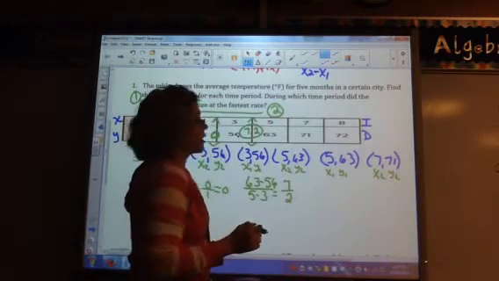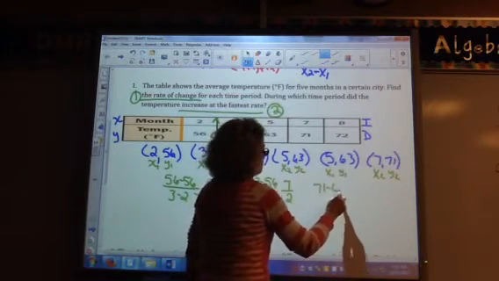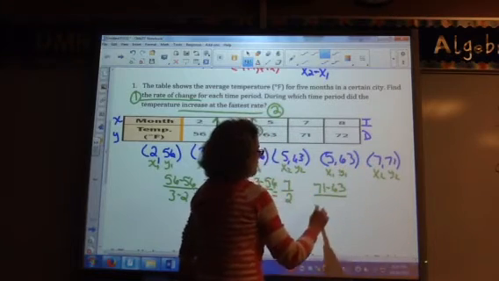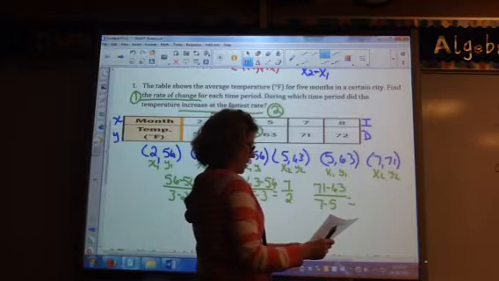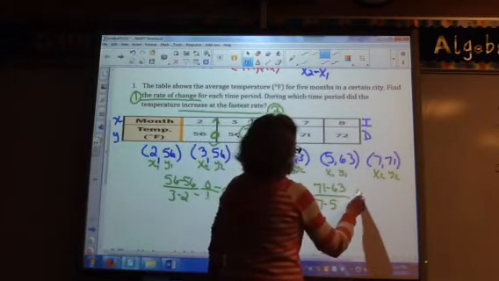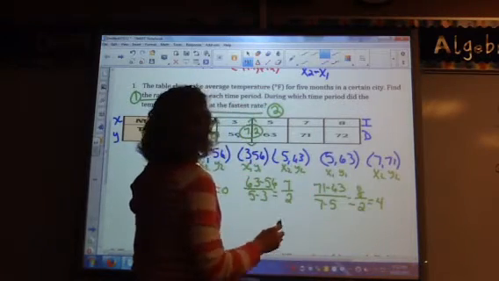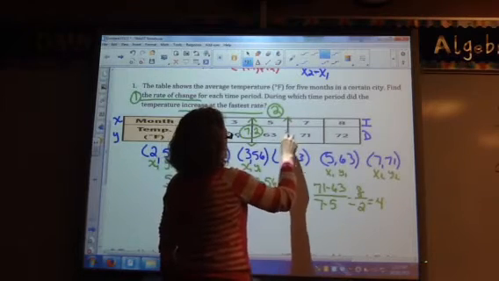Find your rate of change, which is the difference of your y, 71 minus 63, over the difference of your x values, 7 minus 5. Okay, and I get, let's see, what is that? 8 over 2, which simplifies to 4. So the rate of change from this month to this month is 4.